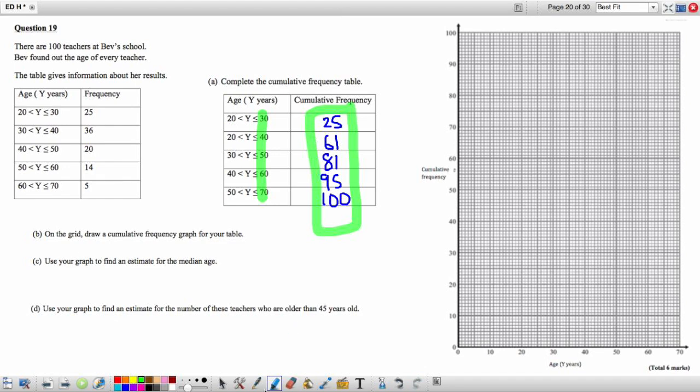To then plot this information on our cumulative frequency diagram, we're going to plot this with our cumulative frequency. So along our x-axis, we will go to 30 and up to 25.